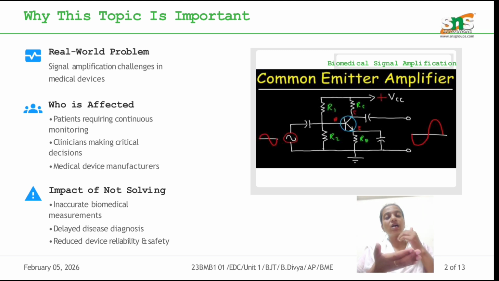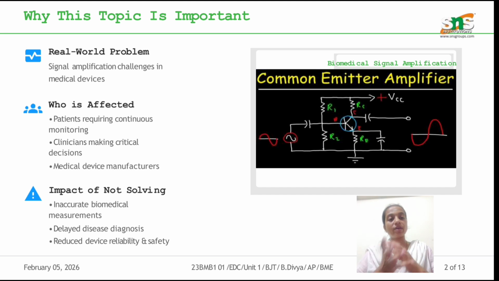Since we have many types of diseases nowadays, identification of a specific disease can be delayed by an improper measurement. And it reduces the device's reliability and safety. By having these many issues, the device will not have proper reliability and safety measures.